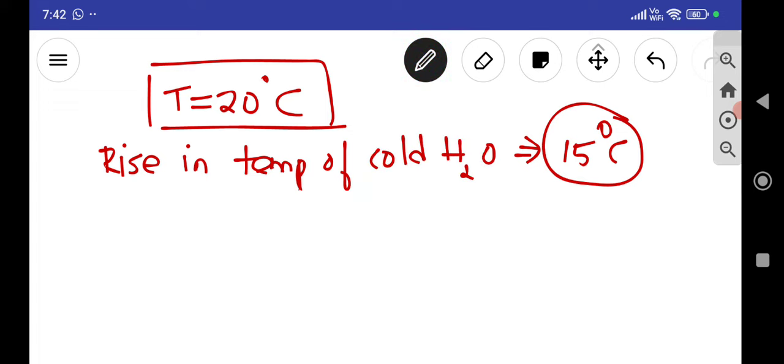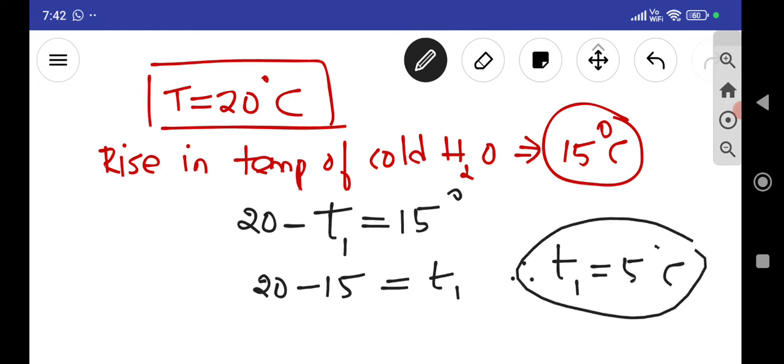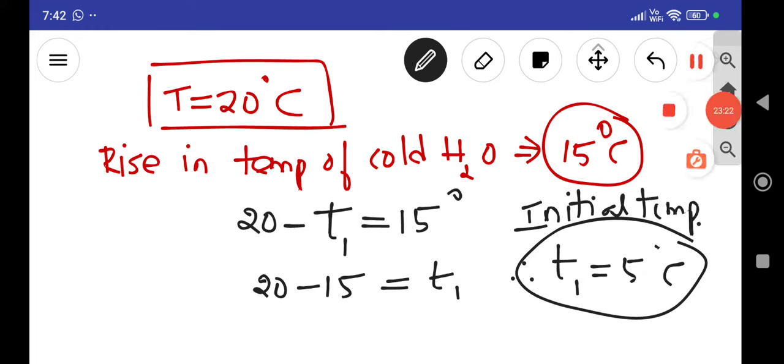So we substitute: 20 minus T1 is equal to 15 degrees. So T1 is equal to 5 degrees Celsius, which is your initial temperature. So we have understood this.